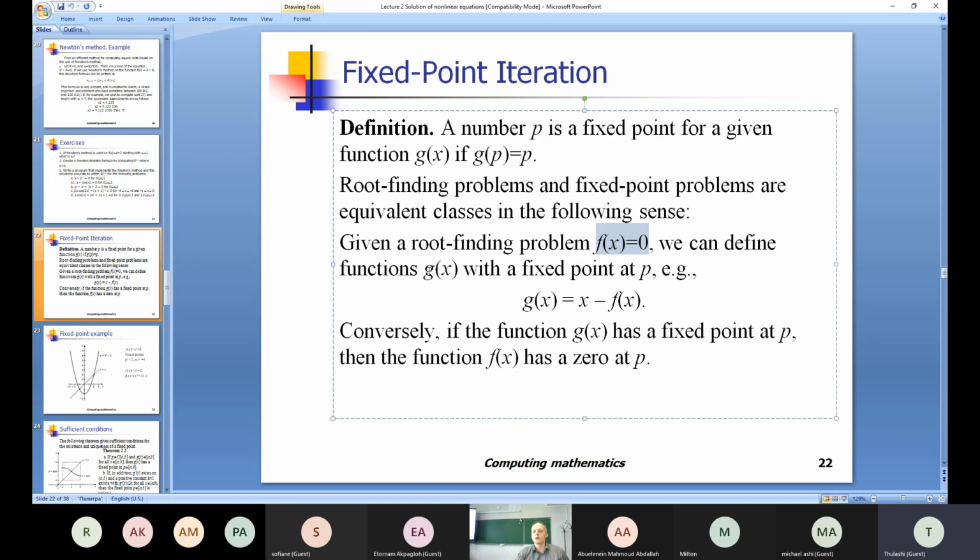Then we can define a function g of x that equals to x minus f of x, and the fixed point of a function g of x will be the root point for the function f of x.